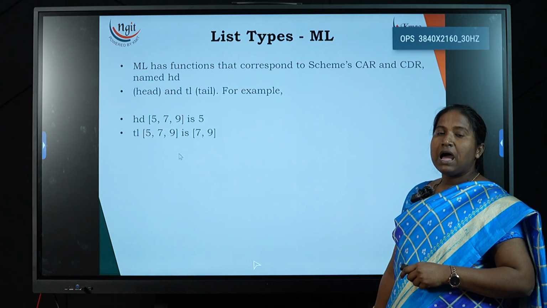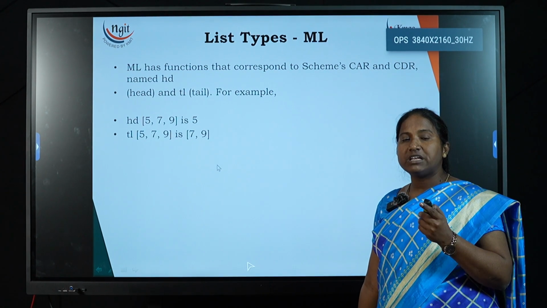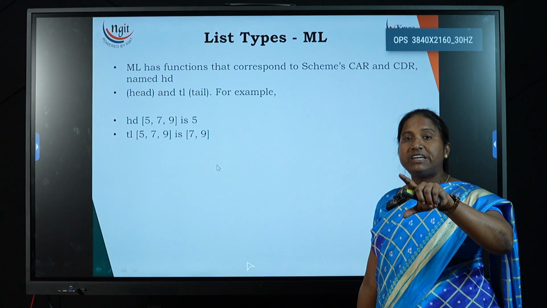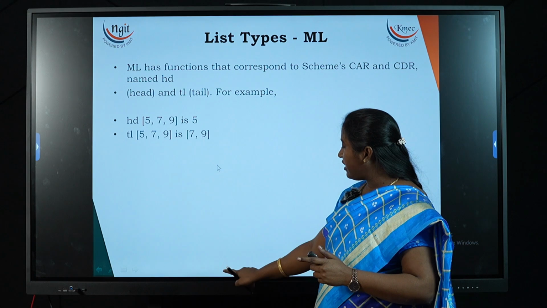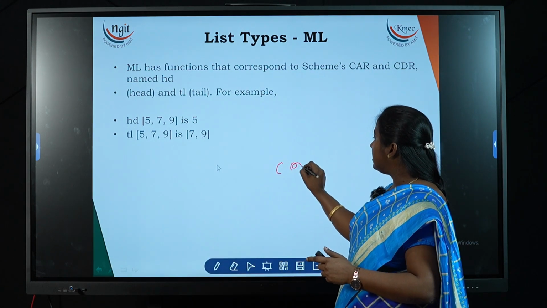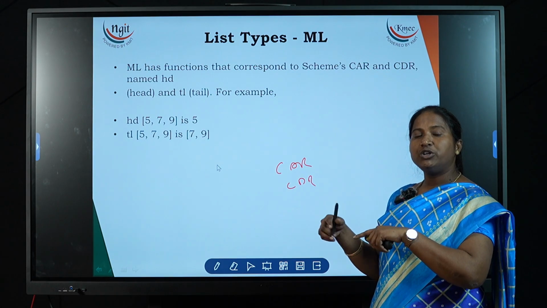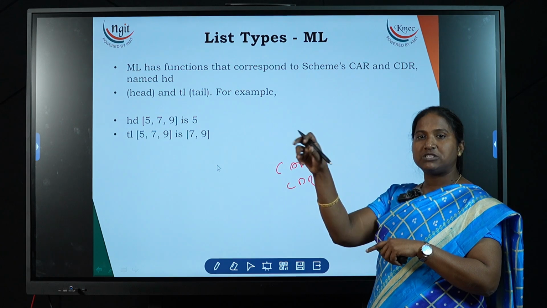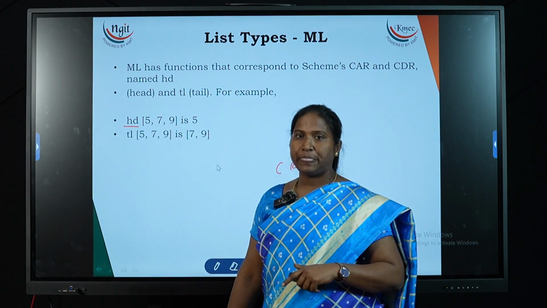Now let's see another uniqueness of the ML programming language. If you want to return the value of the head, in Lisp, if you want to return the first value, we'll use functions, right? The CAR function and the CDR function. But in ML, if you want to return the head position value, the first element, we'll use a keyword which is hd.